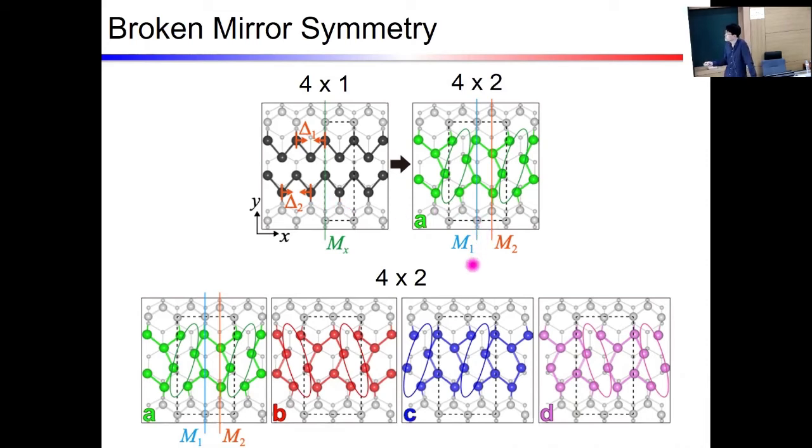Over here is the M1 mirror plane. Actually, it's not a mirror symmetry plane, but when you apply the mirror reflection to this structure with respect to M1, it becomes the B structure. And also, we use the M2 mirror plane, then it becomes the D structure. Each broken symmetry can act as a connecting operator between the ground states.